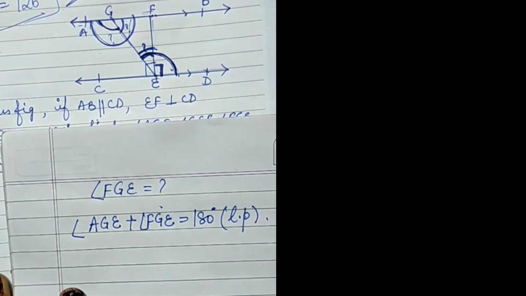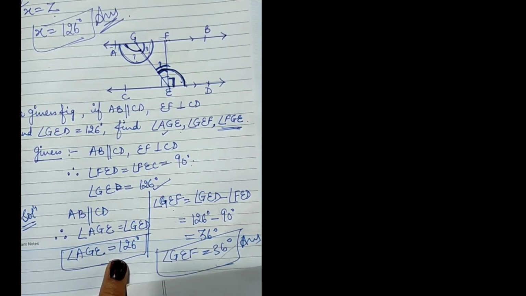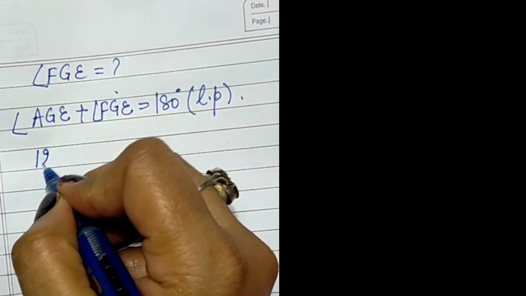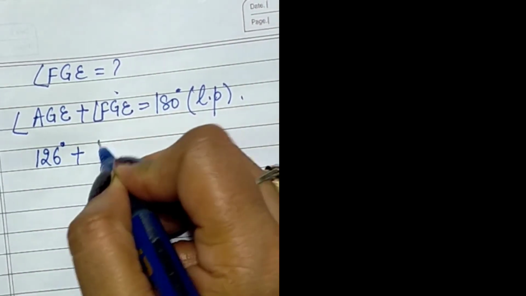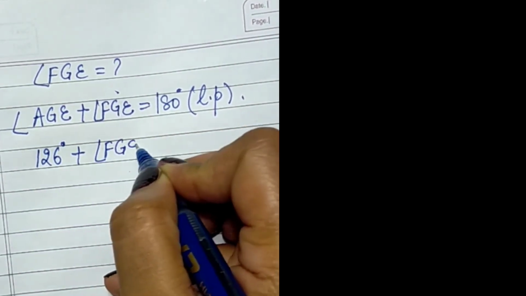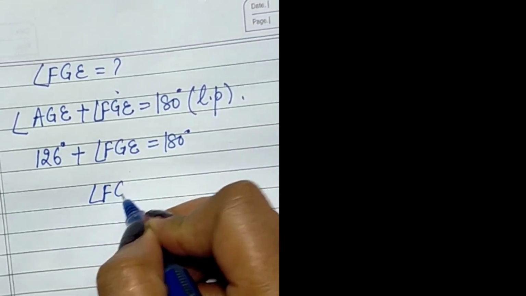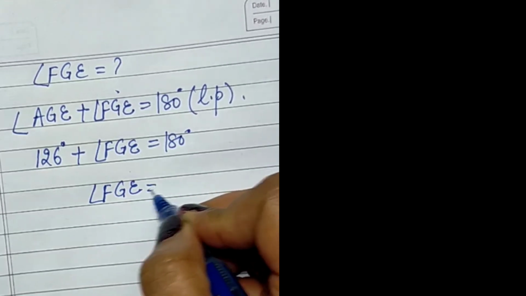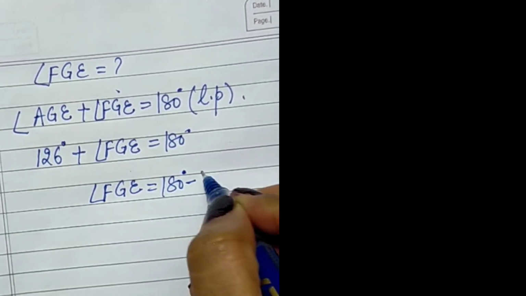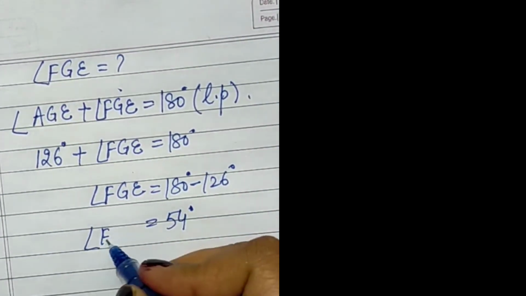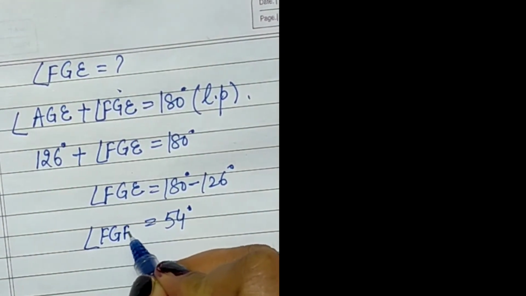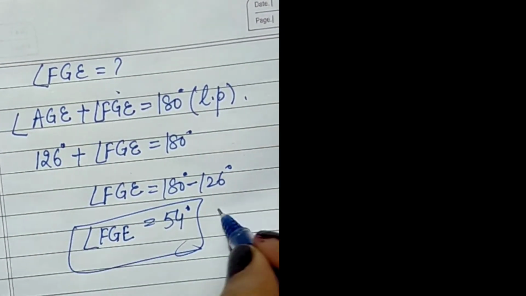Now AGE, you can see AGE is 126. So I am writing AGE 126 plus FGE is not given, which we are going to find out. So FGE is 180 minus 126, that will be equal to FGE. So these were the required answers.